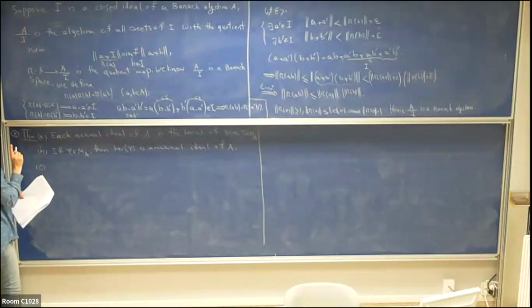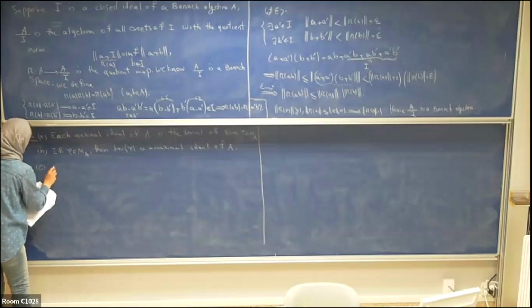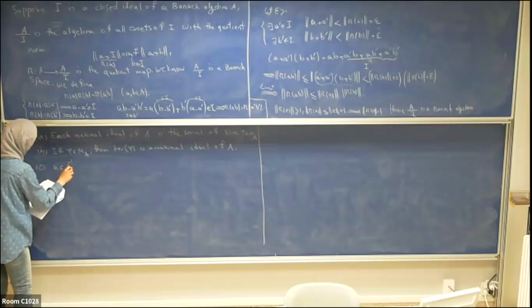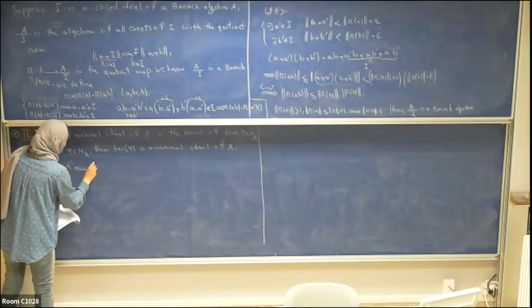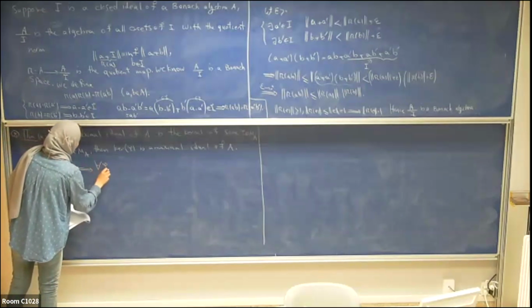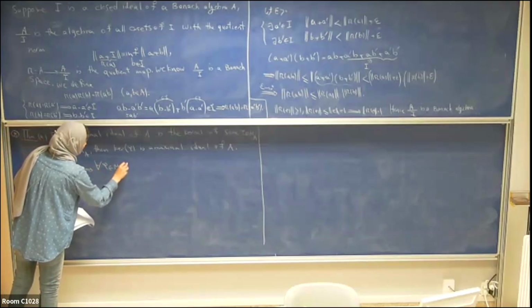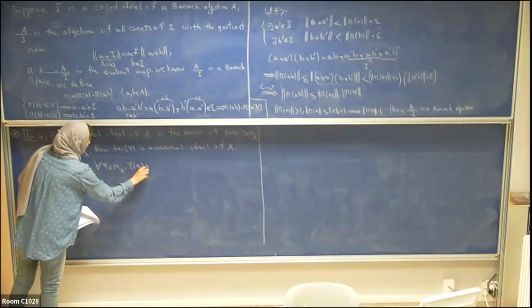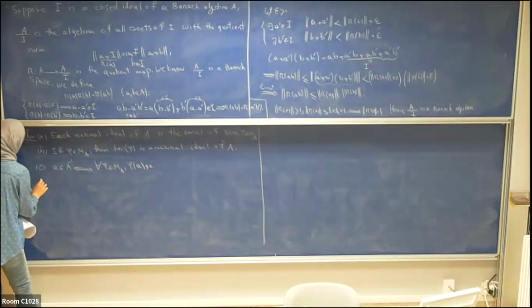Second, we had one theorem with a star, and this is the second one. A is invertible if and only if for each P in M of A, P of A is not 0.